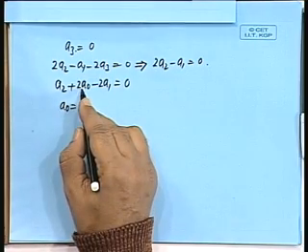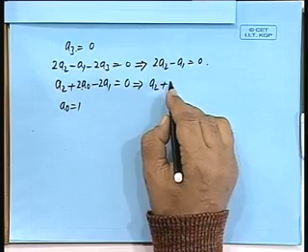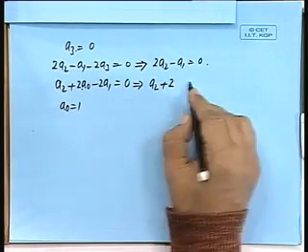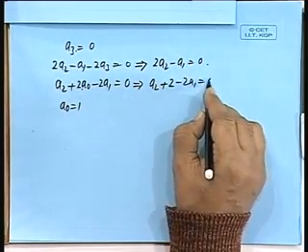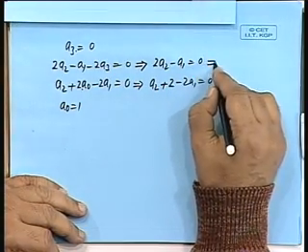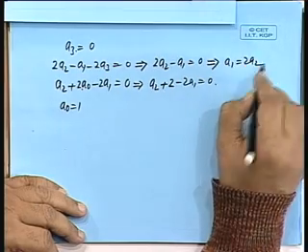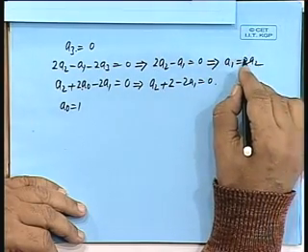So if I substitute here, I will get a2 plus 2 minus twice a1 equal to 0. From here I get a1 equal to twice a2, is it not?